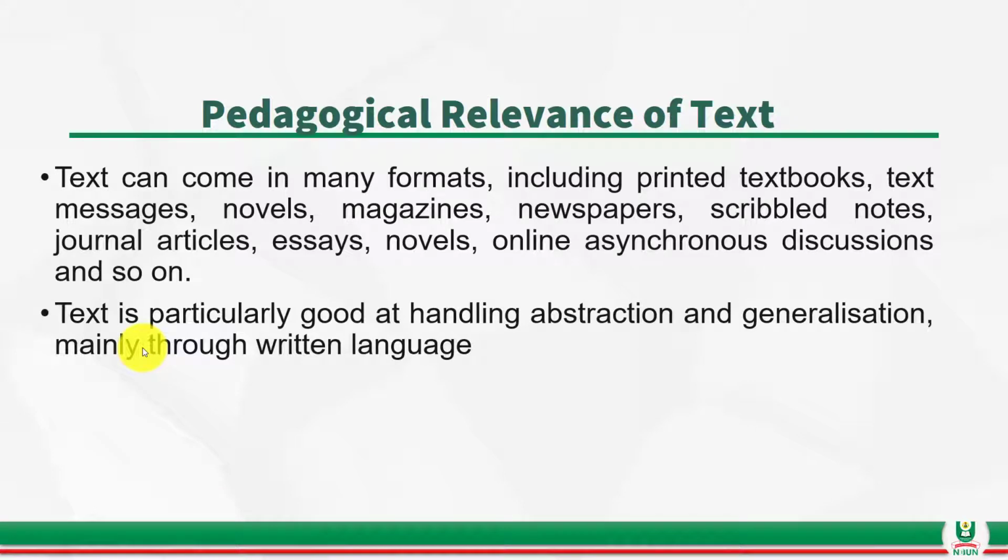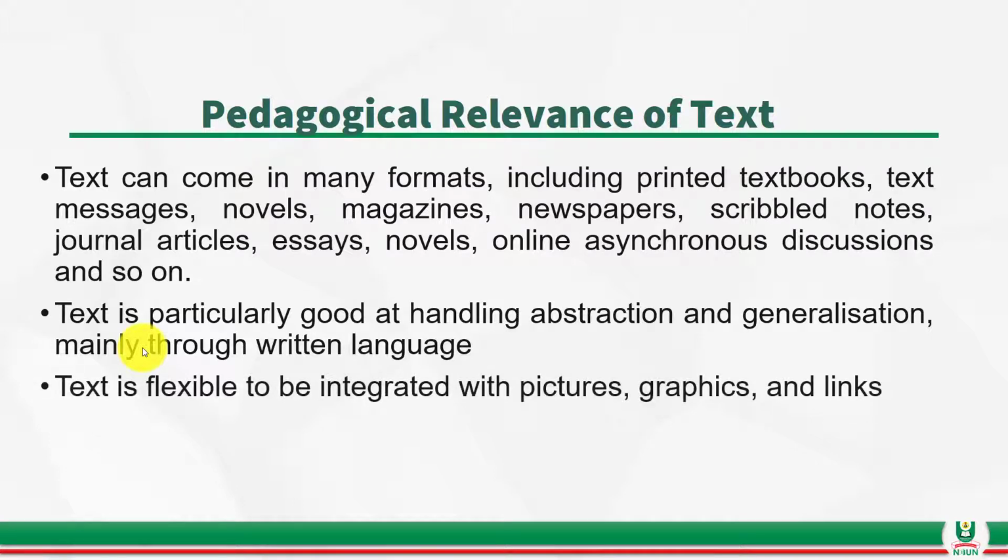So text is particularly good at handling abstraction and generalization. Especially when you need to cover a large part of the curriculum at a time, the best way to tackle that kind of challenge is to use text. Give your students text. And one major thing is that text is flexible to be integrated with pictures, graphics, and links.